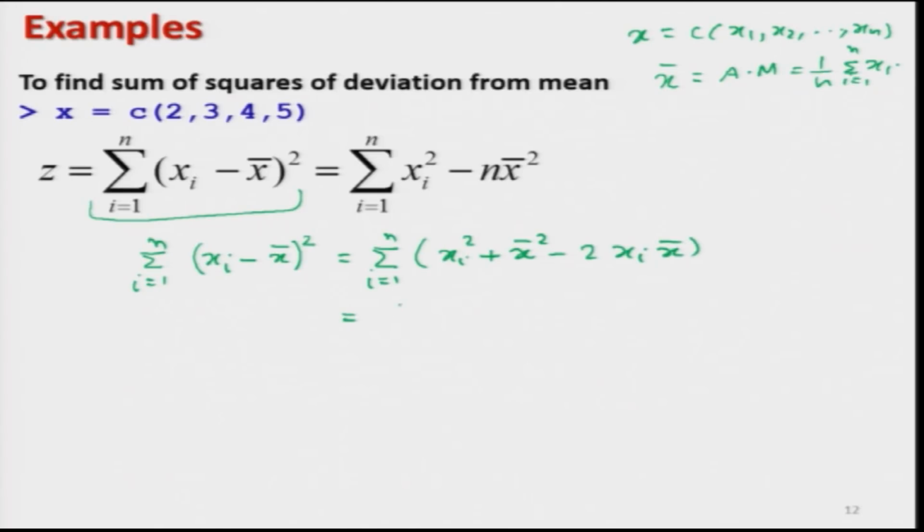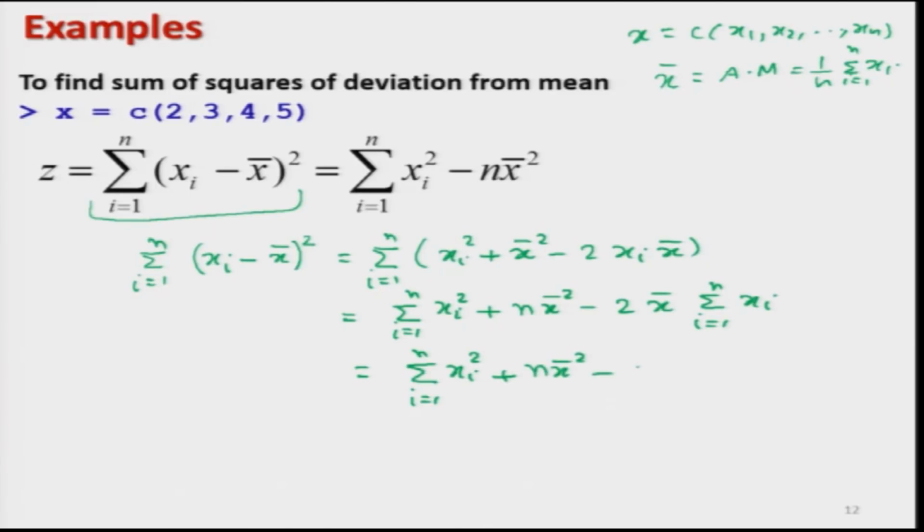If you open it, this becomes summation i goes from 1 to n of x_i square plus n times x bar square minus twice of x bar summation i goes from 1 to n of x_i, and the summation of x_i is n times x bar. So this quantity comes out to be the same as the summation i goes from 1 to n of x_i square minus n times x bar square, which I have written here.